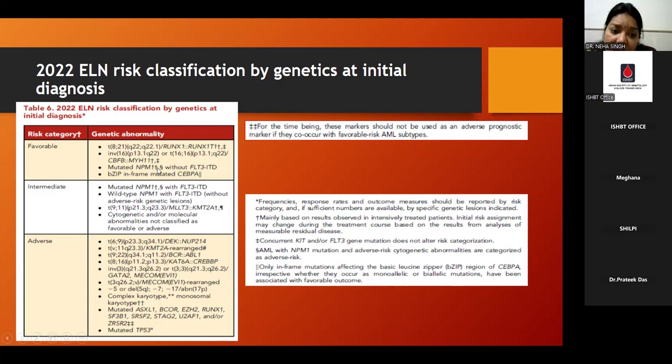But NPM with AML-MRC mutation for the time being has not been upgraded. Similarly, translocation 8;21, if you have a FLT3 or KIT associated, it does not change your risk categorization. All this is so complicated that ELN also thought we need to find a simple way for our users, and they said that for the time being, for favorable, you go to MRD.